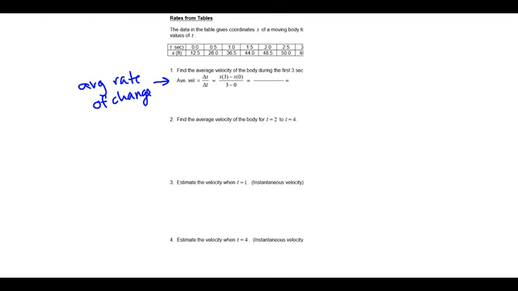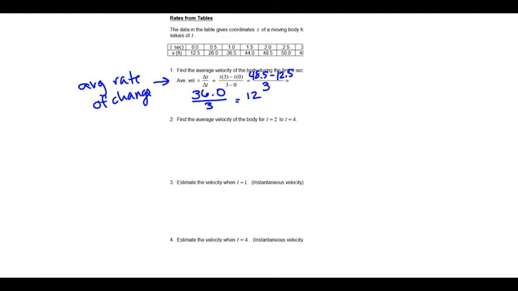So s of 3, we know is 48.5, and s of 0 is 12.5. And then 3 minus 0 is 3. So if we continue on, this becomes 36.0 over 3, which is equal to 12.